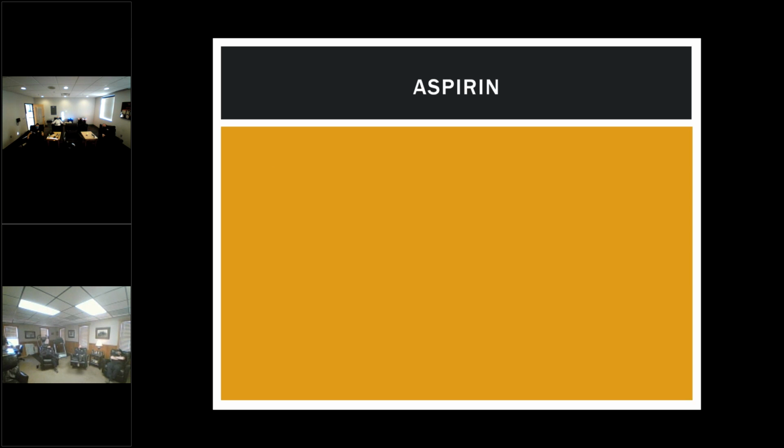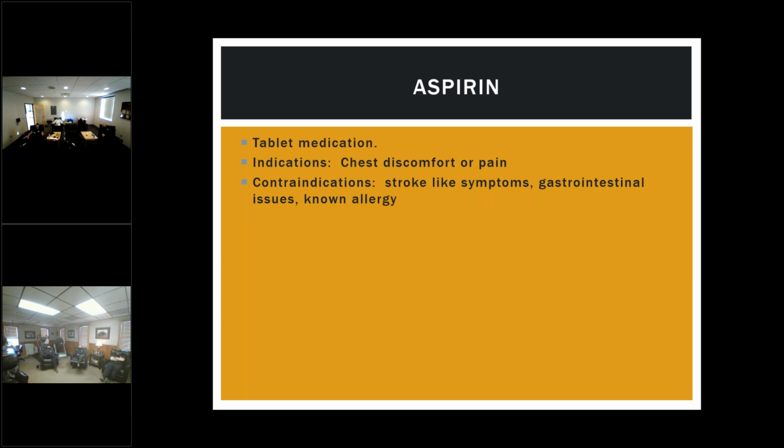Aspirin, utilize this for our cardiovascular patients, specifically displaying signs and symptoms of chest pain. It is a tablet medication in which each tablet is 81 milligrams for a total dose of 324 milligrams. Mechanism of action is that antiplatelet effect, allowing for more blood supply and, as a result, more oxygen getting to the affected heart muscle.